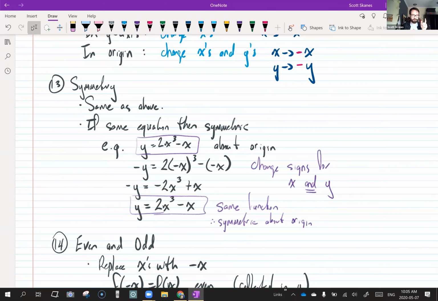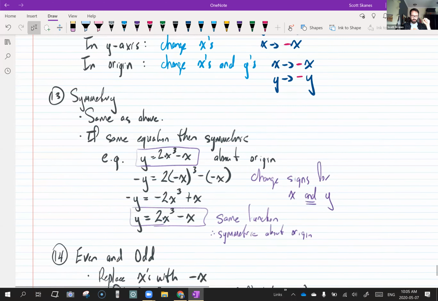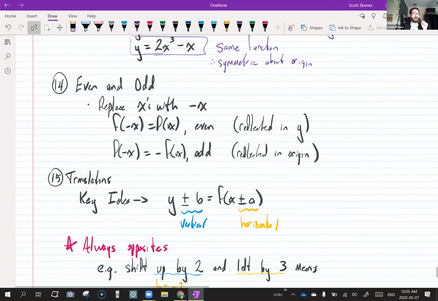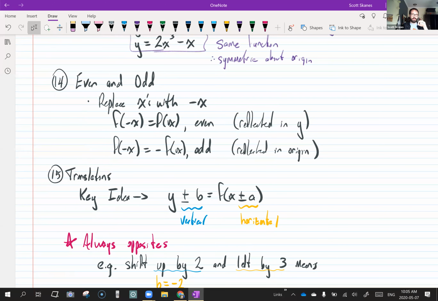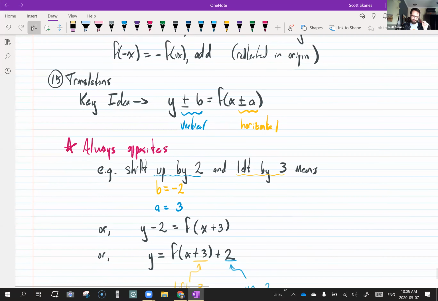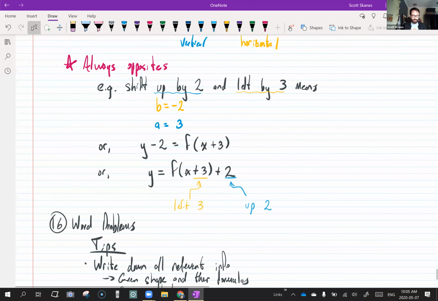Checking symmetry, which means you put in a negative x and check the same thing as the reflections, but it maps onto itself, gives back the same function. Even and odd functions, which means you put in a negative x and see what you get. Translations, which means you move the y or the x values around and shift it up and down, left and right. And finally, word problems.